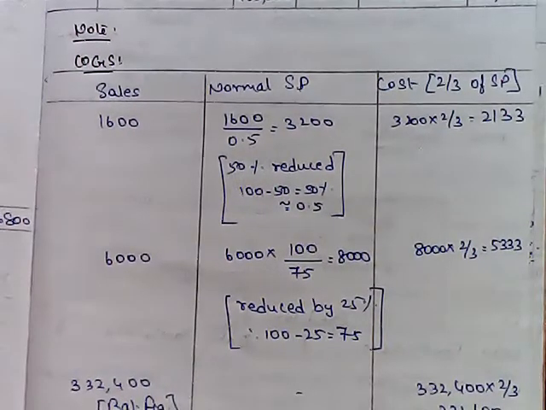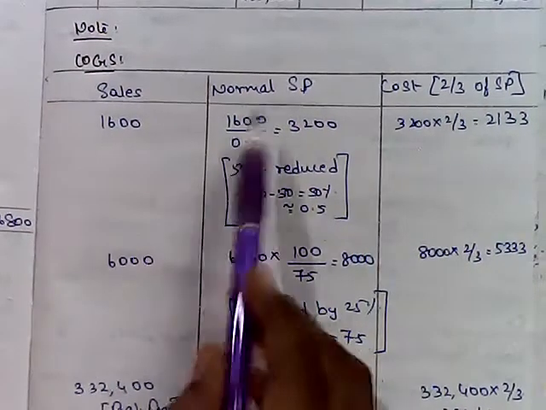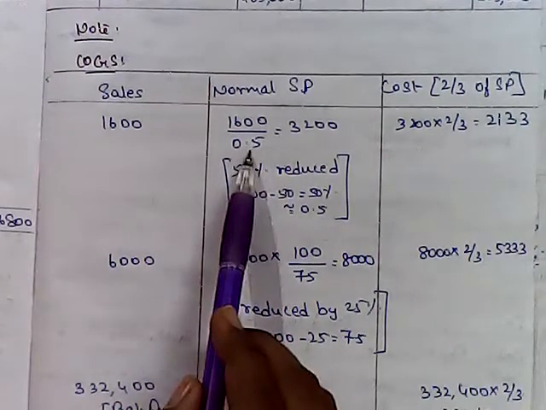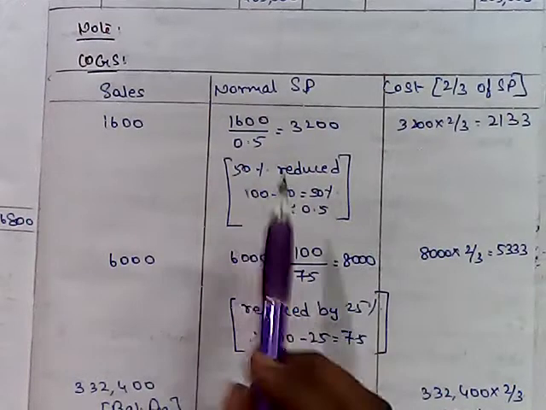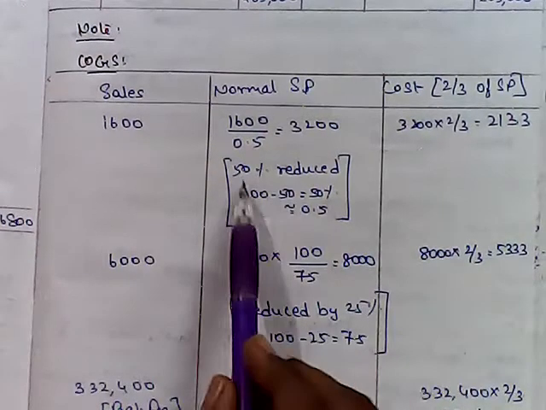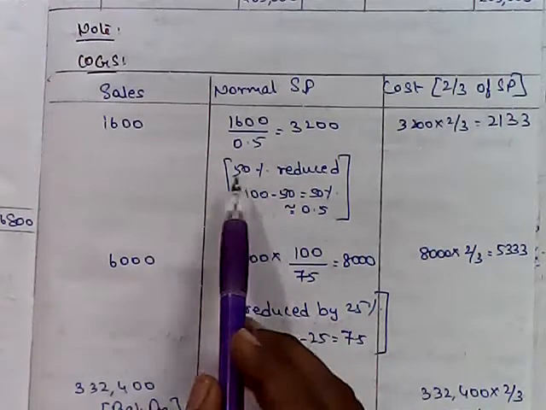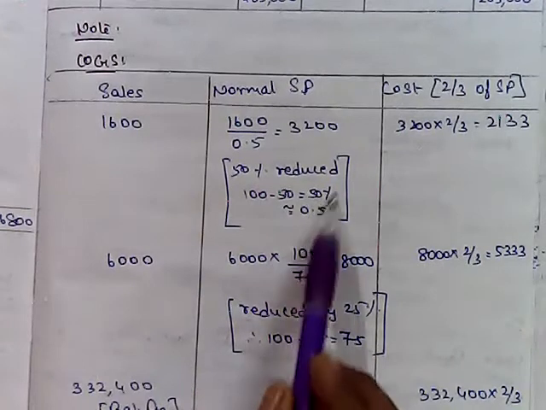The sales is 1600, the normal selling price is 1600 divided by 0.5, because it is given in the question that there is a reduction of 50% in the selling price. So 100 minus 50 is nothing but 50%.